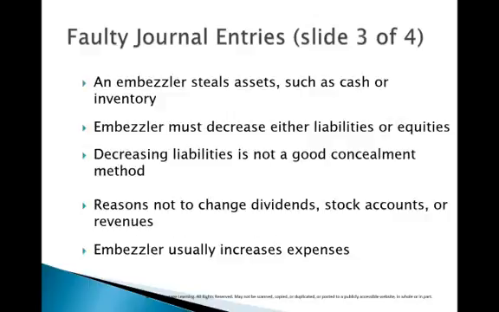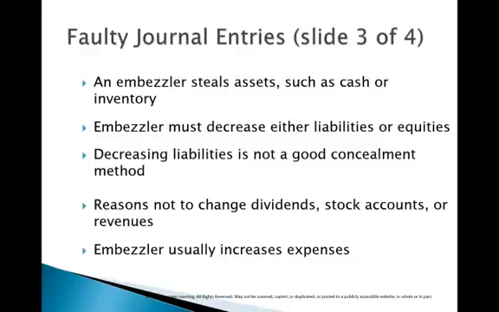So, for example, if you steal assets, which is what most of the time embezzlers want to do, they steal cash or they steal inventory, they're going to get caught if they don't cover it up somehow. So usually what they do is they try and increase an expense. They try and write that off to scrap, for example, if they steal inventory.